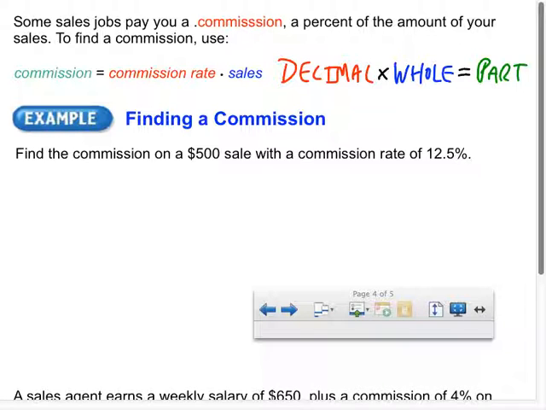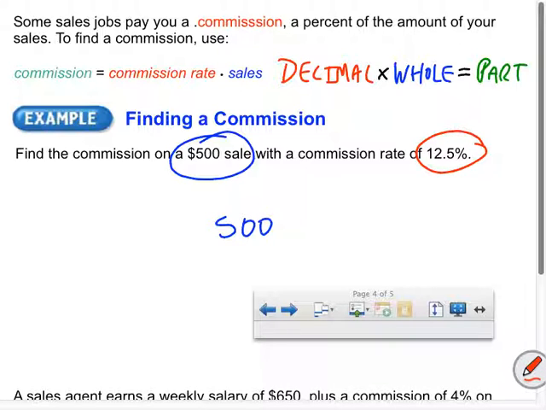So we have our whole, which is our sale. And while I'm working this out, if you guys can go and work this out, and our commission rate, can somebody tell me what that is as a decimal? 0.1. What do we say? What's this number called? 125 tenths, hundreds, thousands. Okay?